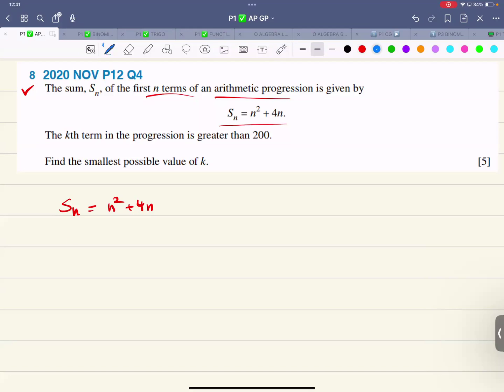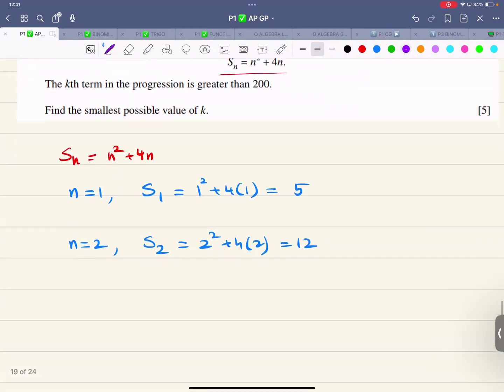So what we will do is write n equals 1. Sum of one term is 1 square plus 4 times 1, which is 5. Let me plug in n equals 2. Sum of two terms, that is 2 square plus 4 into 2. 4 plus 8, that is 12. Now keep in mind, sum of one term is basically T1.